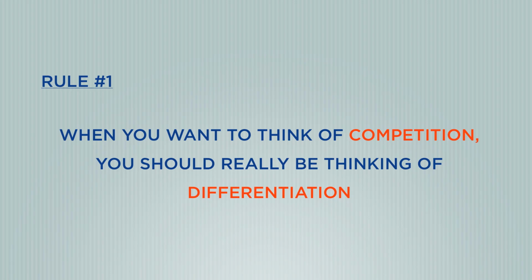The first rule of thinking about competition is that anytime you are thinking about competition, you're almost always thinking about differentiation. The way to think about differentiation is this. Differentiation actually happens in the mind of the customer.